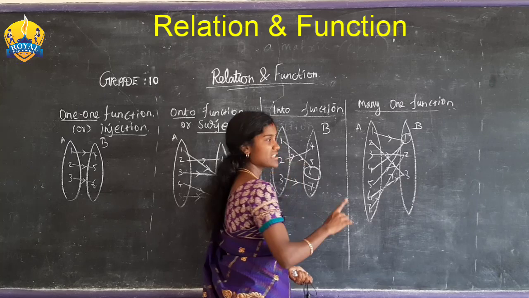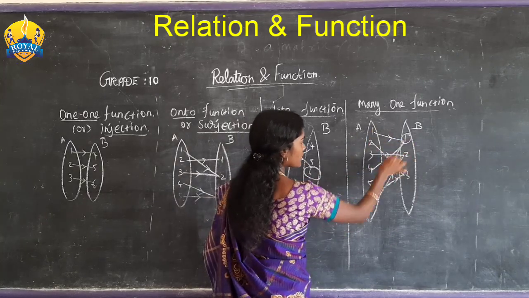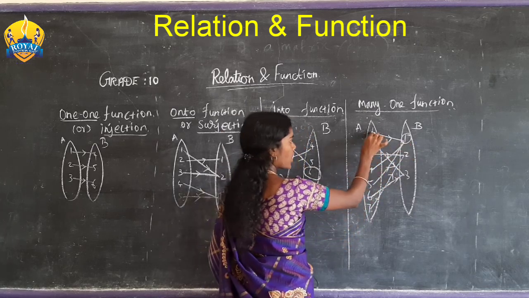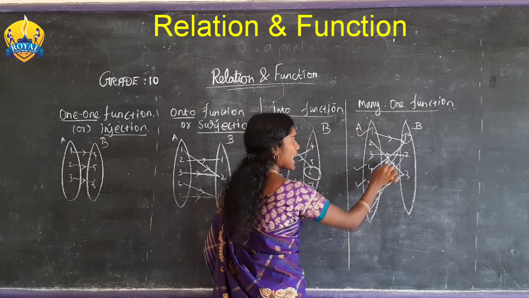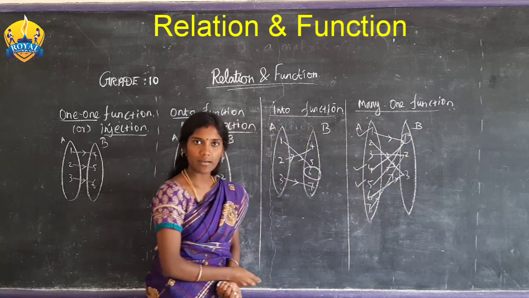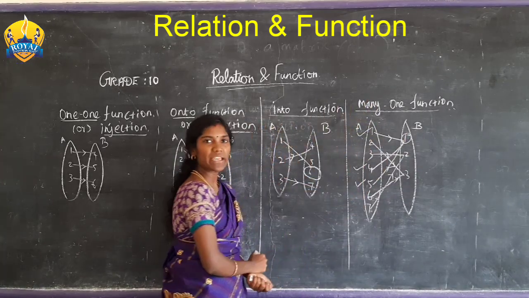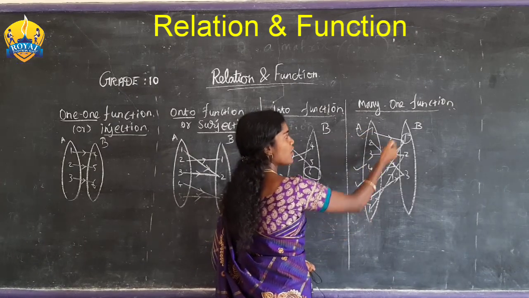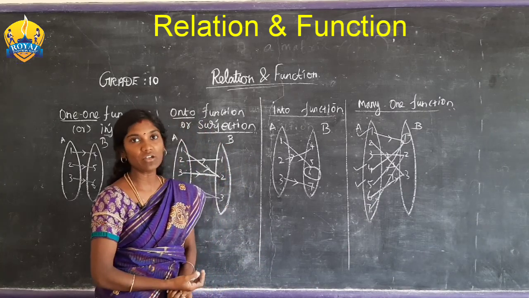What are the pre-images of 1? That is 1, 4, 5. Here 1, 4, 5 have the same image in B. So this type of function is called many-one function. That is, two or more elements having the same image in B is called many-one function.